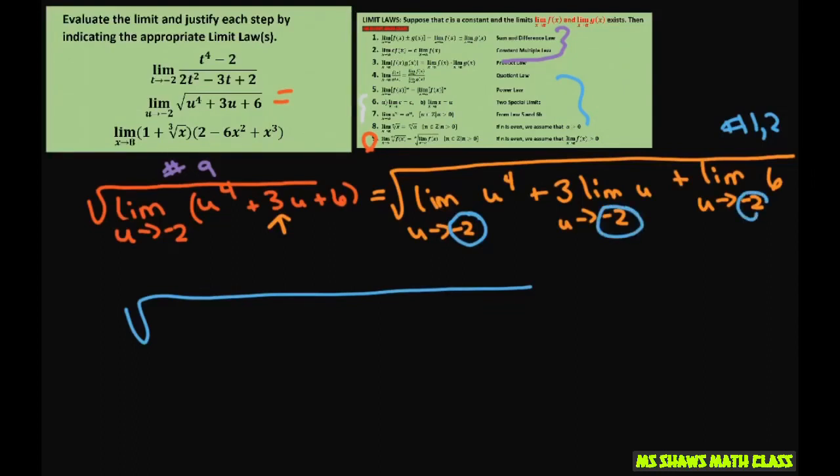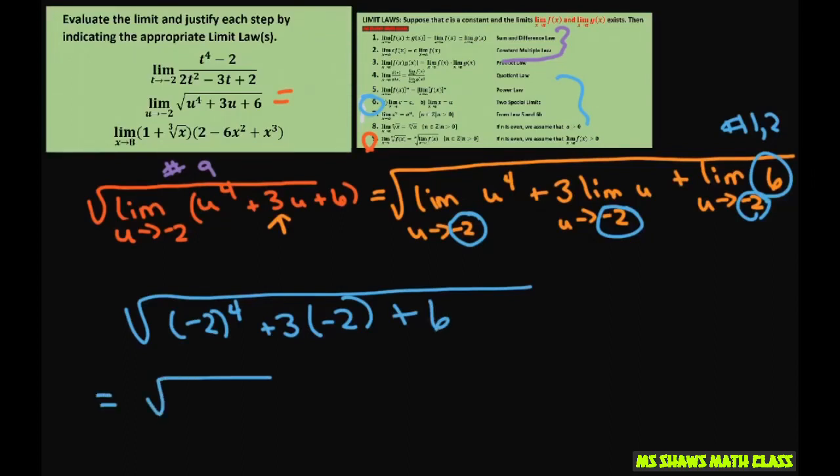So we have negative 2 to the 4th plus 3 times negative 2 plus, now since there's no variable here, you write that, and that's this number 6 here, plus 6. So this is going to give you equals square root of 16 minus 6 plus 6. That is the square root of 16, which equals 4.